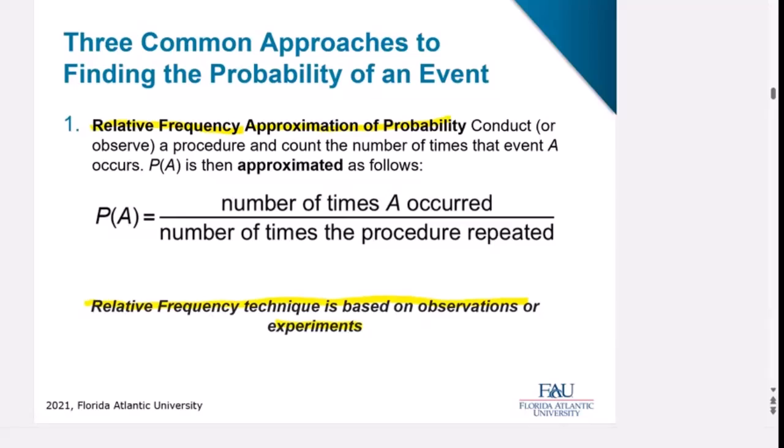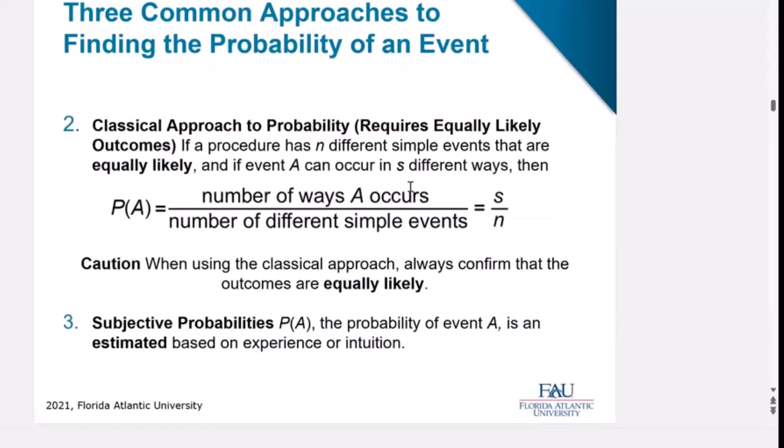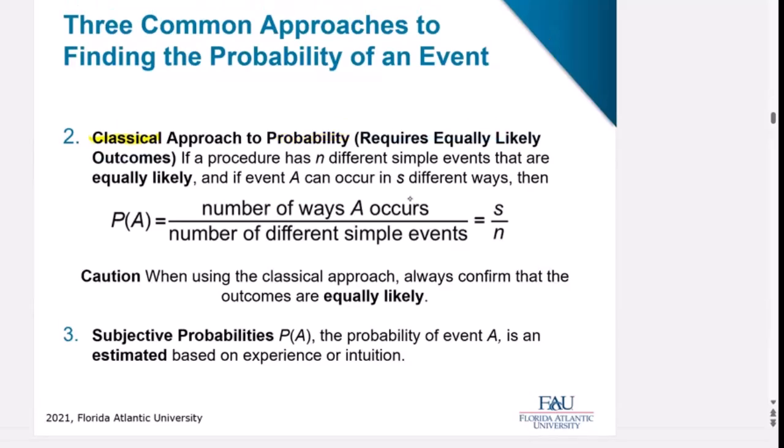I have the classical approach to probability. The classical probability requires equally likely outcomes. For example, flipping a coin. There's 2 possibilities. As long as it's equally likely, then we could say the number of ways A occurs over the number of different simple events.